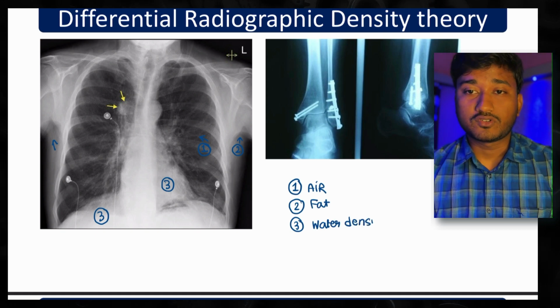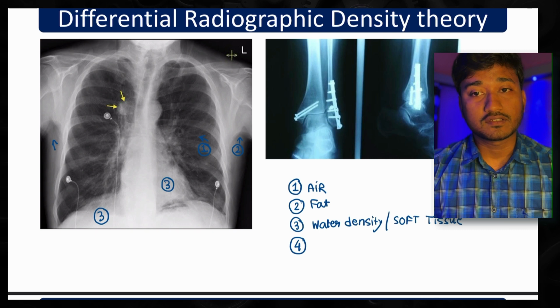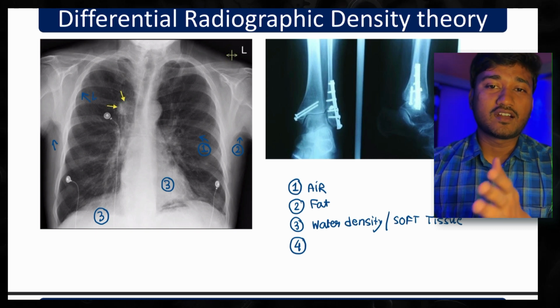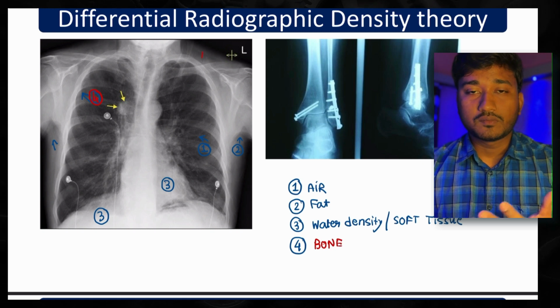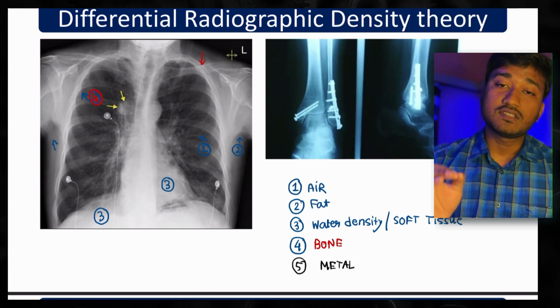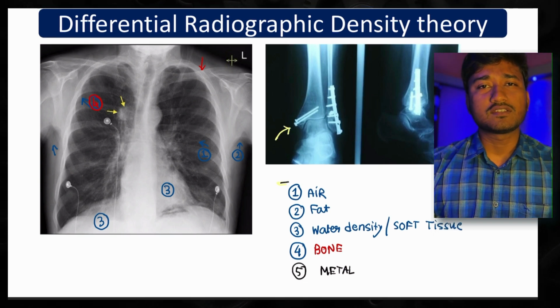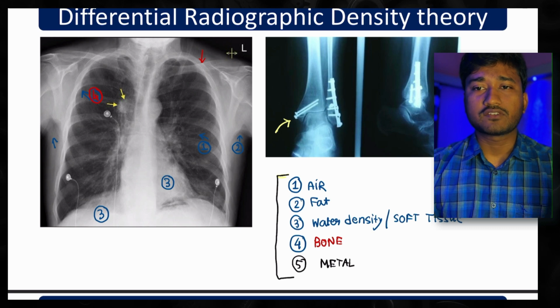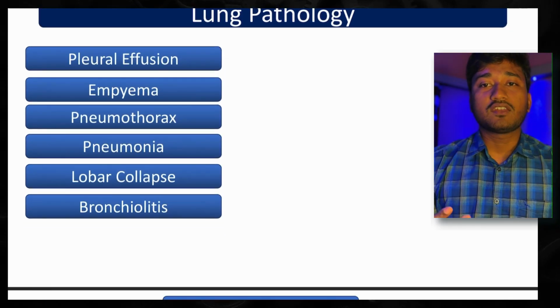Number three is the water density or soft tissue, present in the heart and the liver region. Number four is the bone. After that we have another density which is even denser than bone, the metal density, because nowadays there are multiple orthopedic implants. Therefore you can understand these 5 densities.